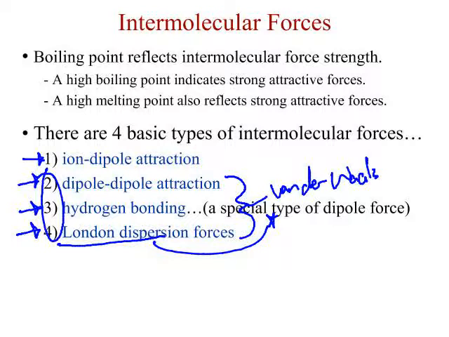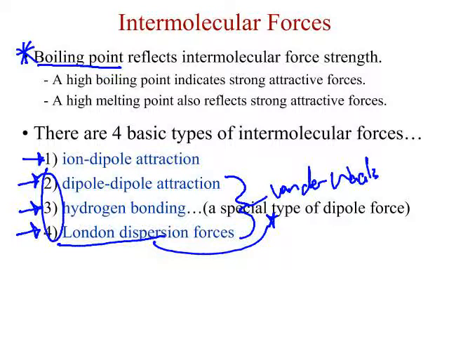But keep in mind, as we are going through, that intermolecular forces of attraction are what determine the properties of substances. When we look at the boiling point or the melting point of a substance, that temperature at which something melts or boils reflects how strong the intermolecular forces of attraction within that substance are.